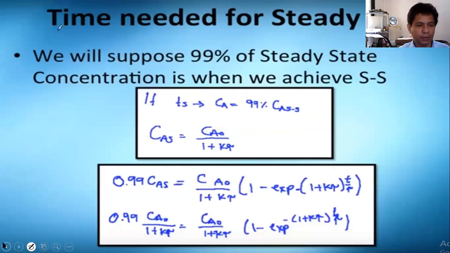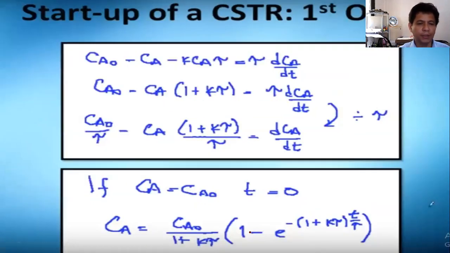As you can see, if time is infinite, that would be the steady state concentration. So if time is infinite, this part of the equation will become 0. So CA steady state is equal to CAO over (1 plus K tau). I hope you get that.